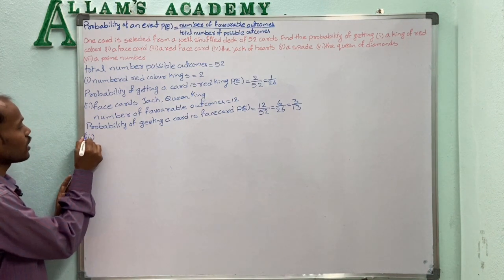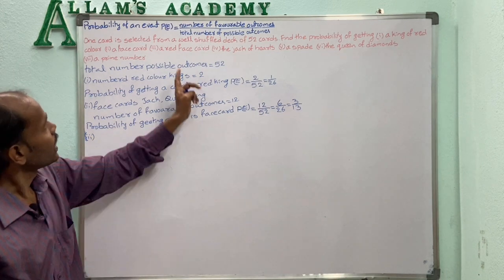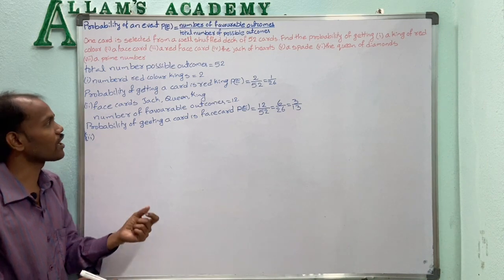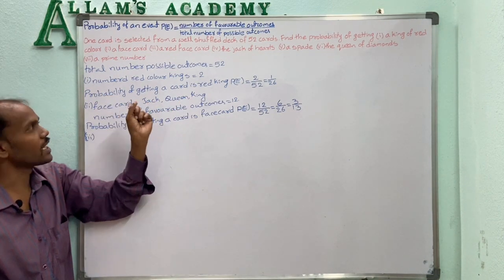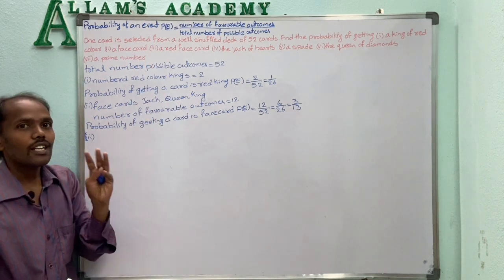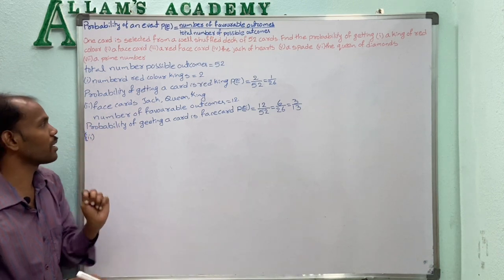Now the third problem is a red face card. How many red face cards are there? Face cards are jack, queen, king, and in red color there are 2 of each, so that is 6.